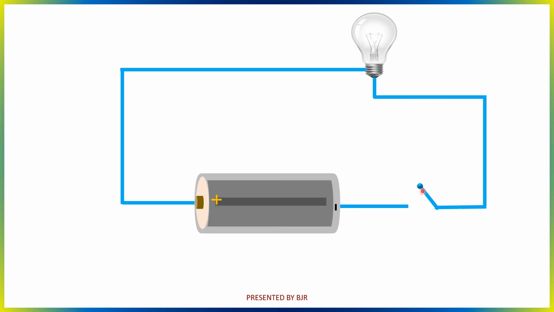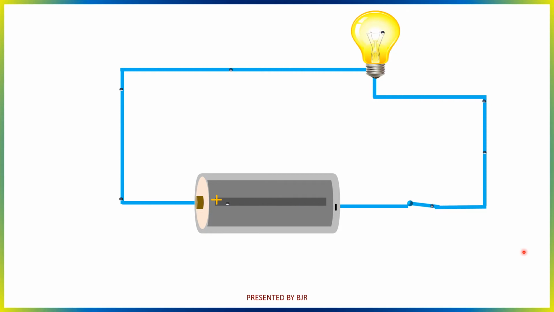When this tap key is closed here, then current flows. In which direction do electrons flow? Let us see here. Now the bulb is glowing. These are the electrons which are moving from negative to positive terminal of the battery.